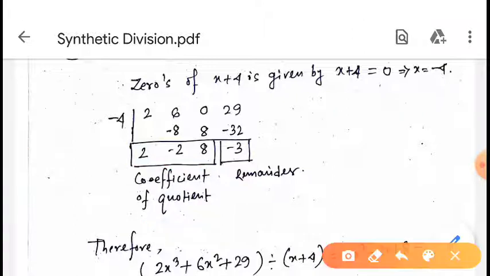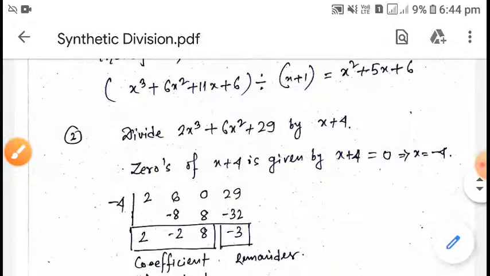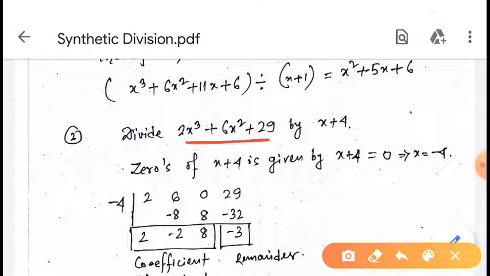So we can write the quotient. You can see that this is also a third degree polynomial, 2x cube plus 6x square plus 29. Here the first degree term is missing, so we write 0 as a coefficient.